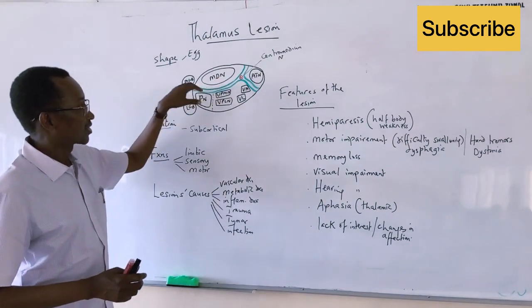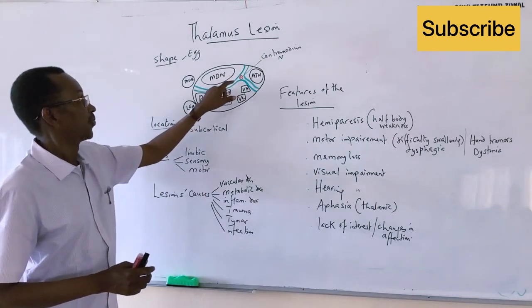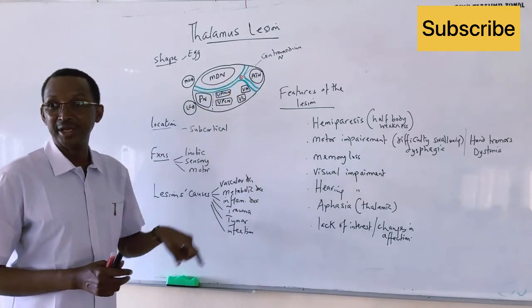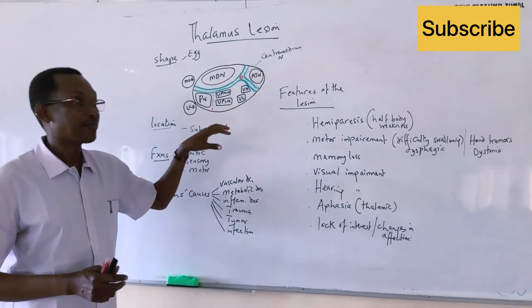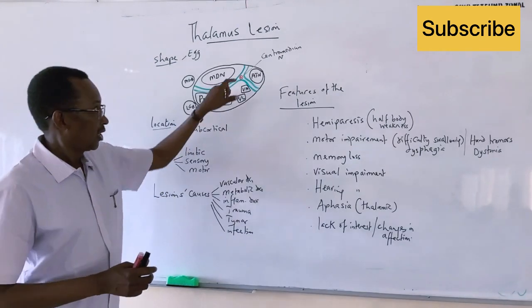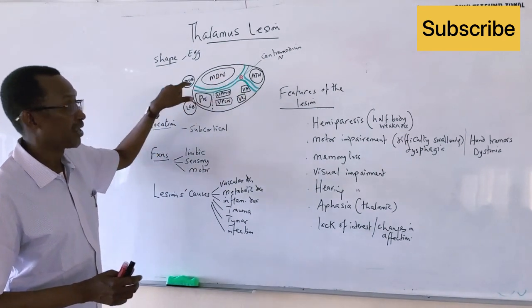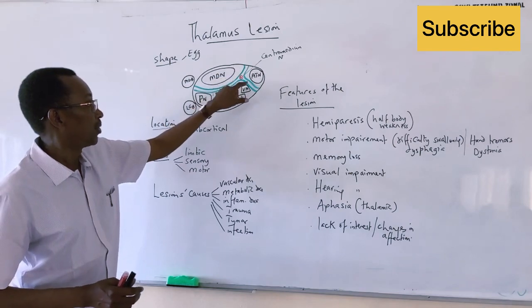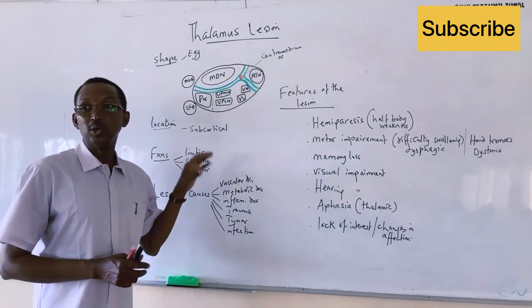What divides the internal morphology of the thalamus is what you call the intramedullary lamina. It is a bundle of white matter fibers, of axons, in the form of a Y. You can see this one, it looks like a Y. Within these bundles of nerve fibers are scattered nuclei.